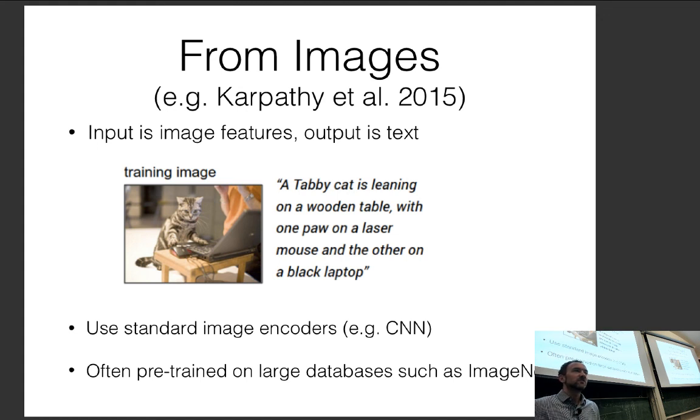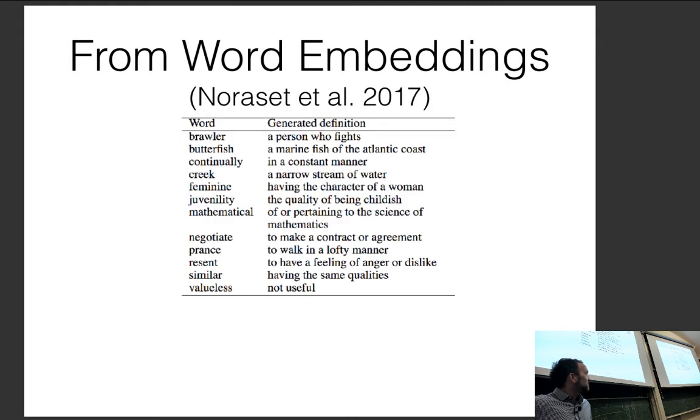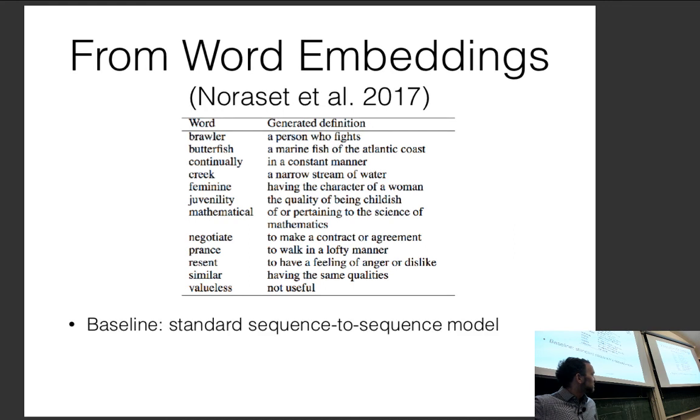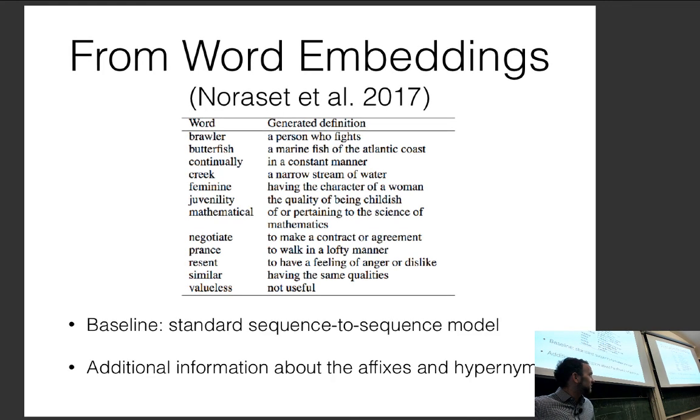There's also things like visual storytelling, where you have a sequence of pictures, or video caption generation, where you take in a video as well. Another thing is generating definitions of words from word embeddings. So you take in a word embedding and you want to generate the dictionary definition. If you take a baseline, a standard sequence model, and add additional information like affixes and hypernyms, you can do a better job of this.